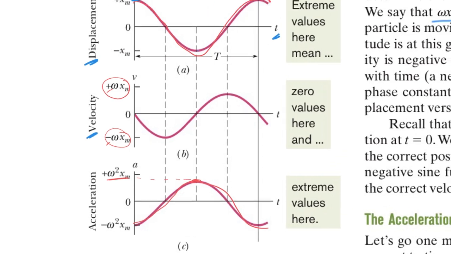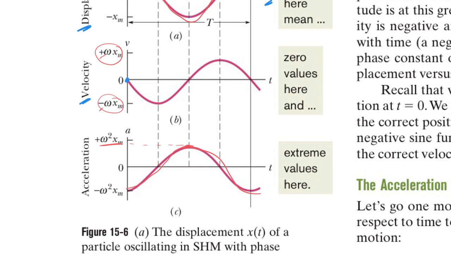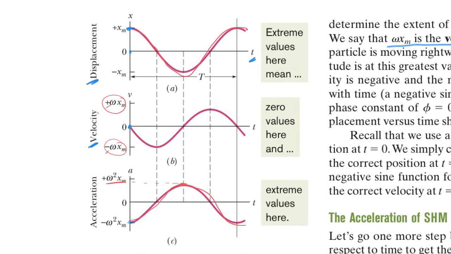Okay, now if we look at all those graphs together, we can see here that at time equal to 0, the displacement is maximum xm, but the velocity is 0, and the acceleration is minus omega square xm. Okay, now if we go to this point, we can see the displacement is 0, but the velocity is maximum and the acceleration is 0.